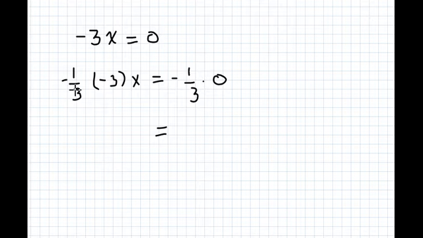So negative 1/3 times negative 3 is 1. And a number times 0 is just 0. So as you can see, if I plug 0 back in up here, we end up getting a true statement. 0 is equal to 0.